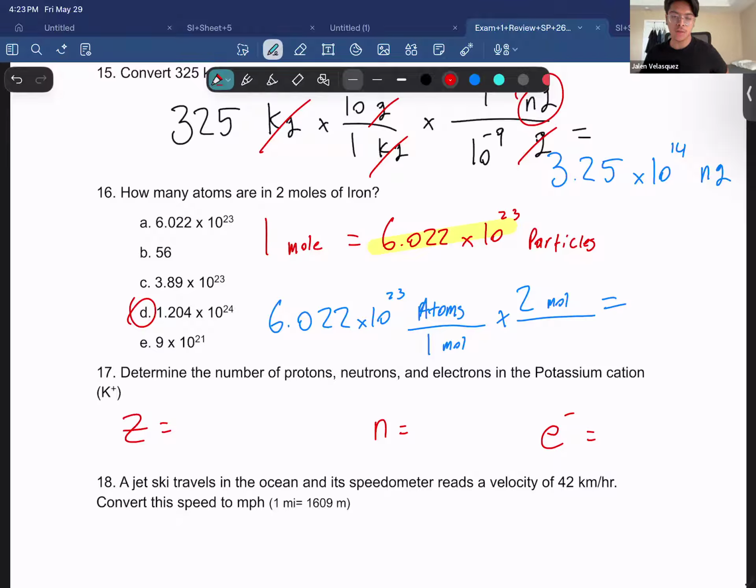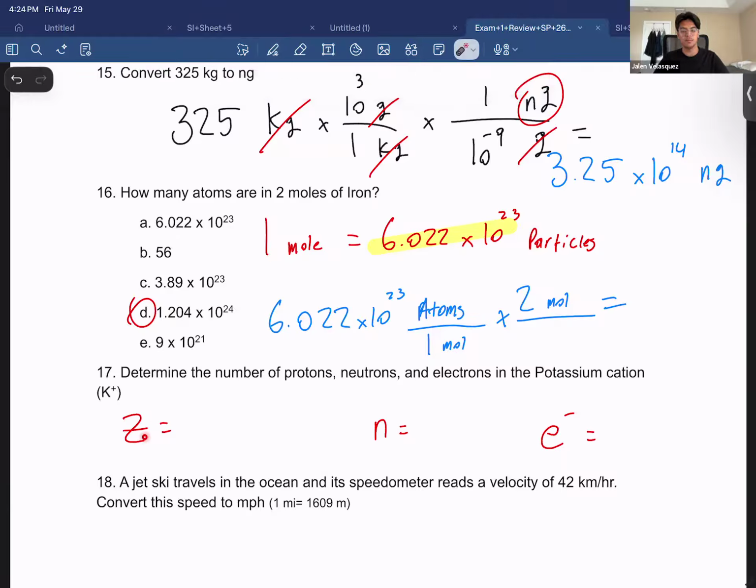So how many protons, neutrons, and electrons do we think are in the potassium cation? Is there any way on the periodic table that we can get some of this information? Does anybody know how we can find the protons, letter Z?